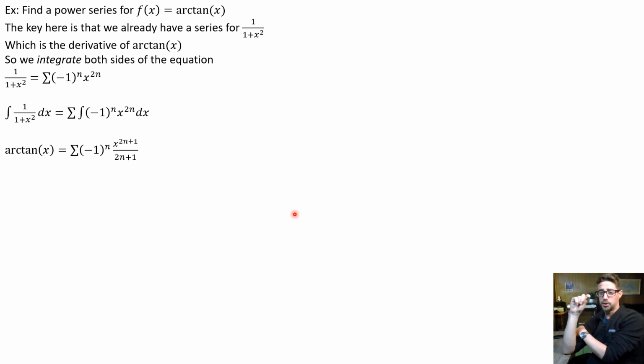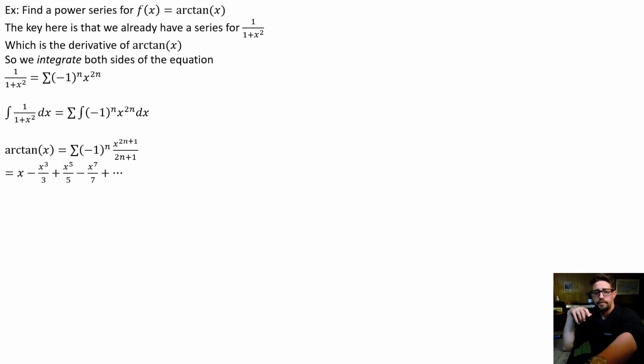This is just odd powers of x over odd numbers, and they alternate. So this original series alternated, and its integral is also going to alternate just because constants come along for the ride. Okay, so there they are. You see what I'm saying? It's odd powers of x over the same number, and they alternate.